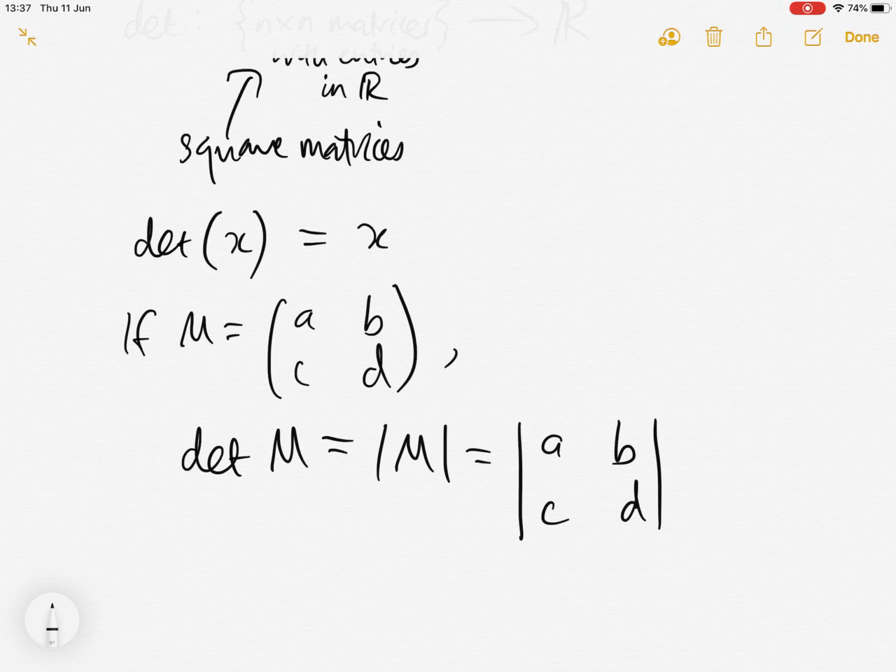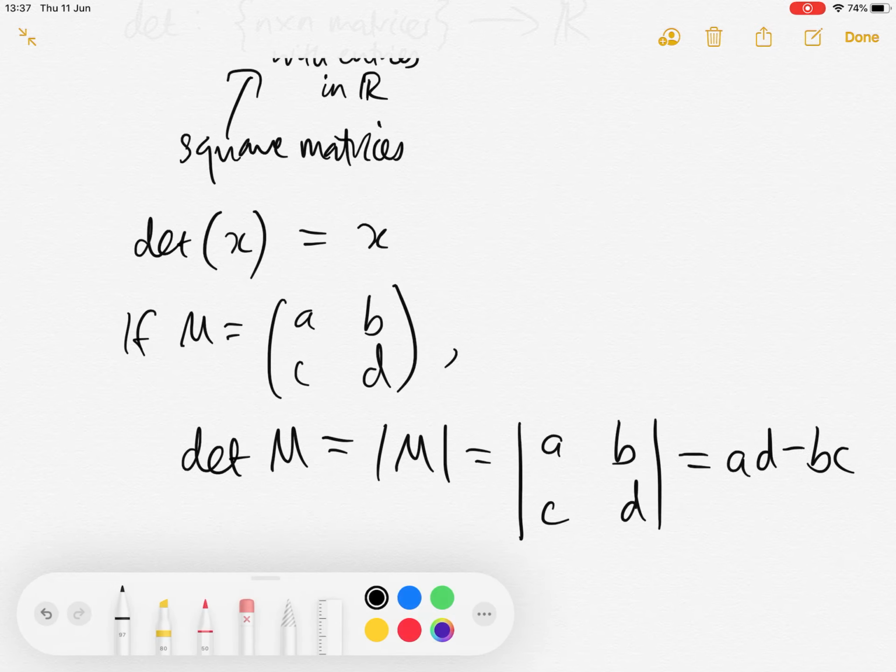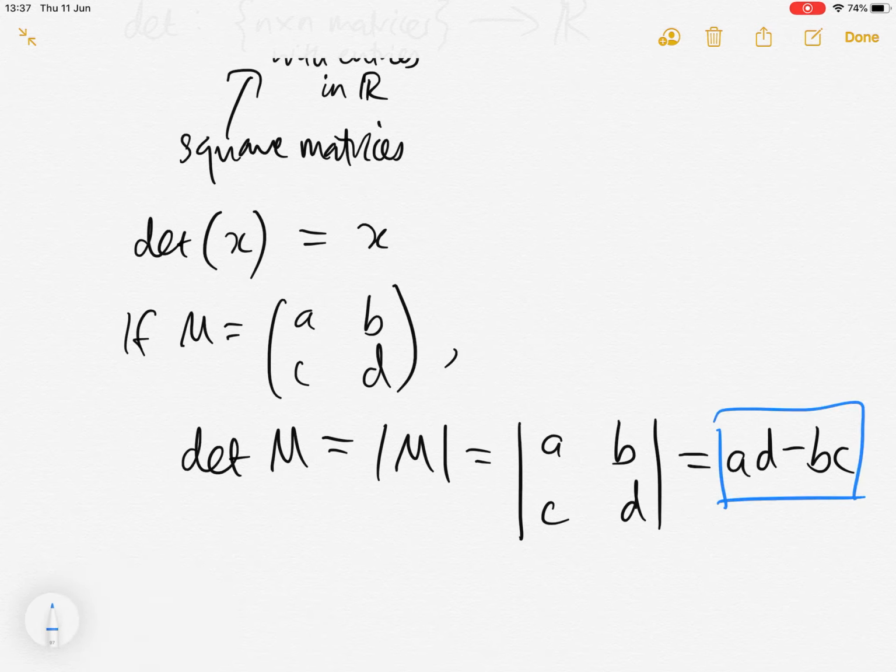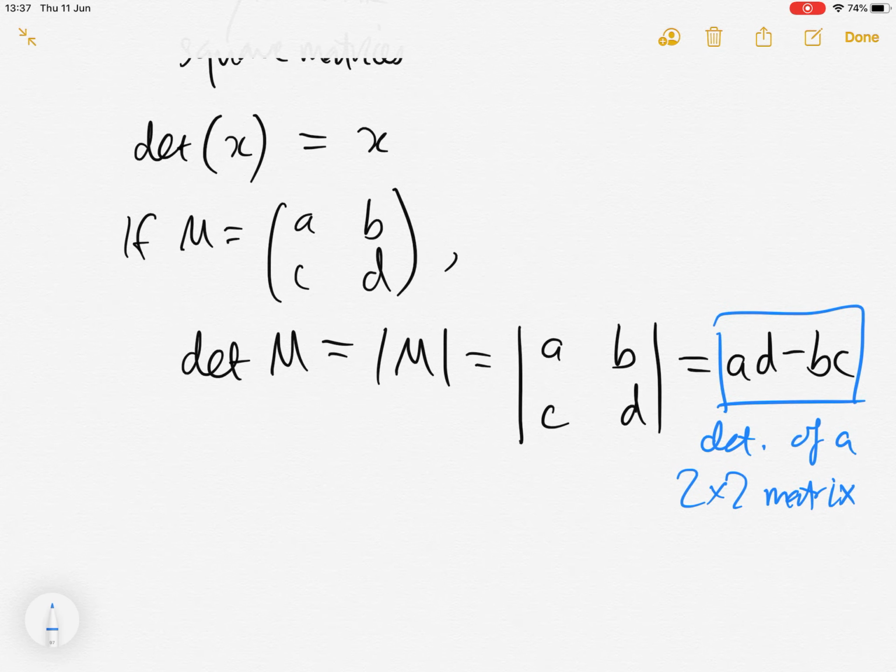These are all three pieces of notation which mean determinant, and it's defined to be AD minus BC. So this is the formula for the determinant of a 2-by-2 matrix. This number, AD minus BC, is the determinant of a 2-by-2 matrix with entries A, B, C, D.